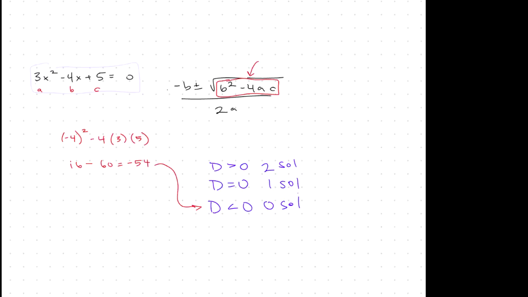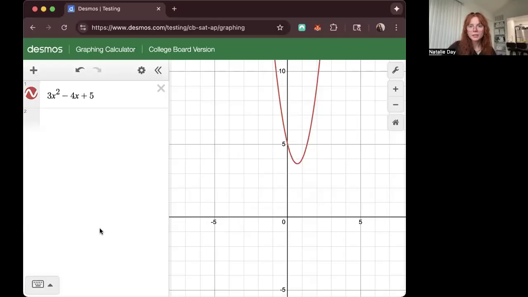Now I'm going to show you a Desmos trick here, and this is a way to solve with Desmos. I'm going to share my screen. All right. Let me know if you can see that. Okay, so I already have the quadratic from our last problem graphed.